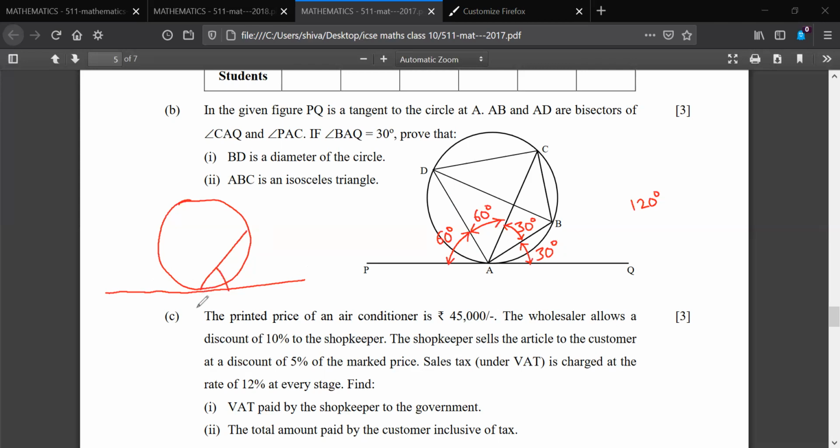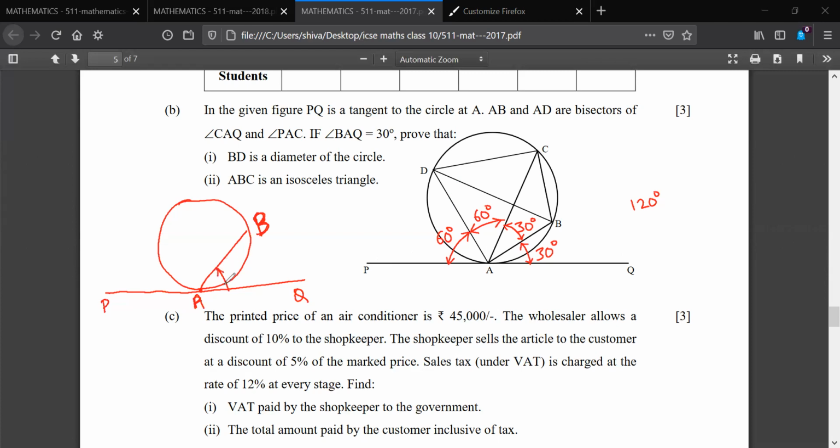What this theorem says is that if there is a tangent PQ which touches the chord, let me call it AB, so this is my chord AB and this is my tangent PAQ.